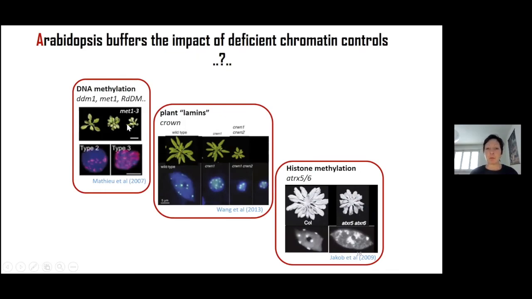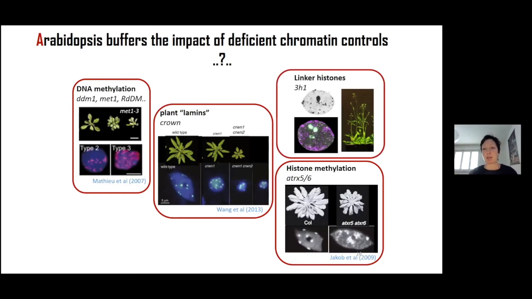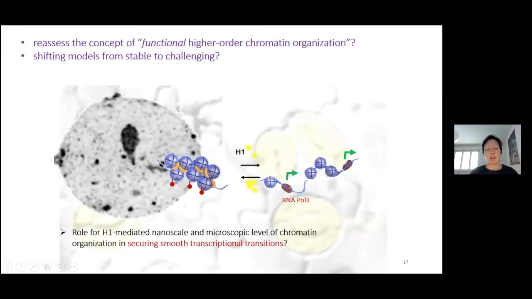They might be a bit smaller, they might be a bit larger, but they do flower, they are not highly sterile and so on. So there is definitely a buffering action. And the same is true for linker histone. So I think we should really revisit our idea of a functional higher order chromatin organization. Obviously, the causal relationship is not that clear.